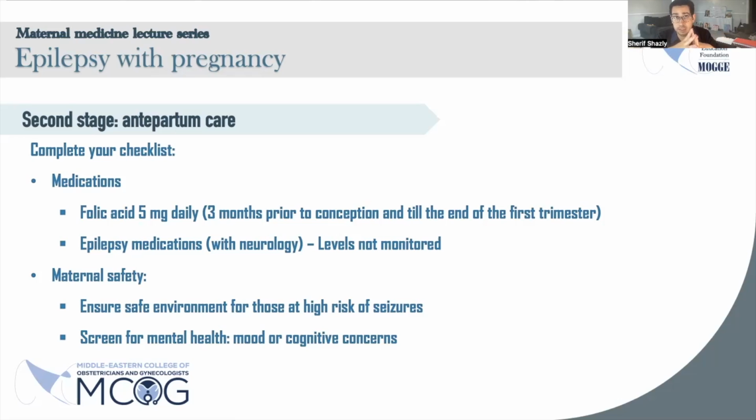Maternal safety is your second checklist. So you should be sure, especially for those at high risk of seizures, that she has a safe environment. That's your job. You should really explain that to the patient. You should be sure that she really has support at home if she gets into seizures, because seizures can really cause a lot of problems in pregnancy and can get the baby hypoxic, get her into traumas.